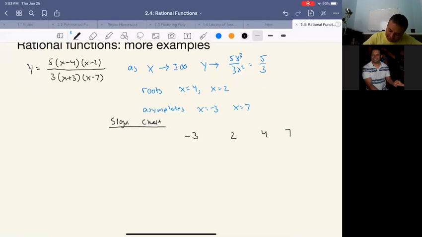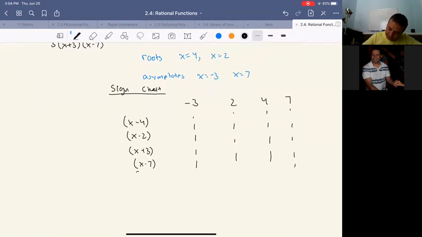And our pieces are going to be x minus 4, x minus 2, x plus 3, x minus 7.